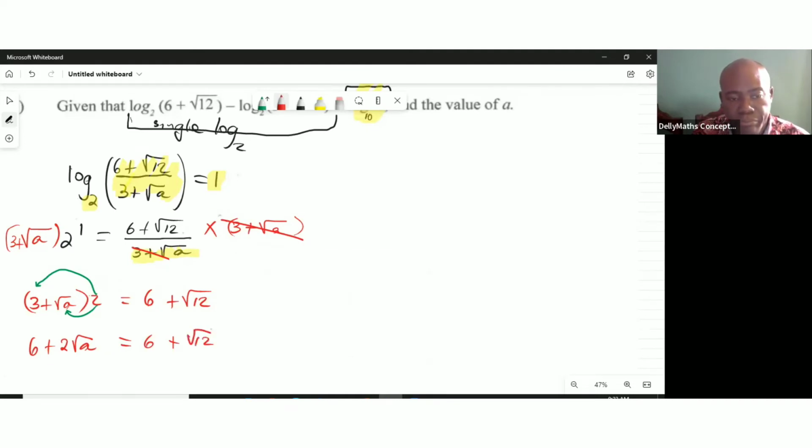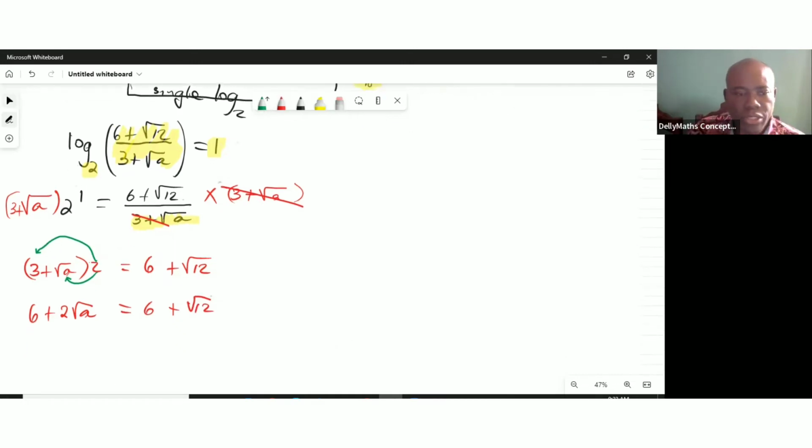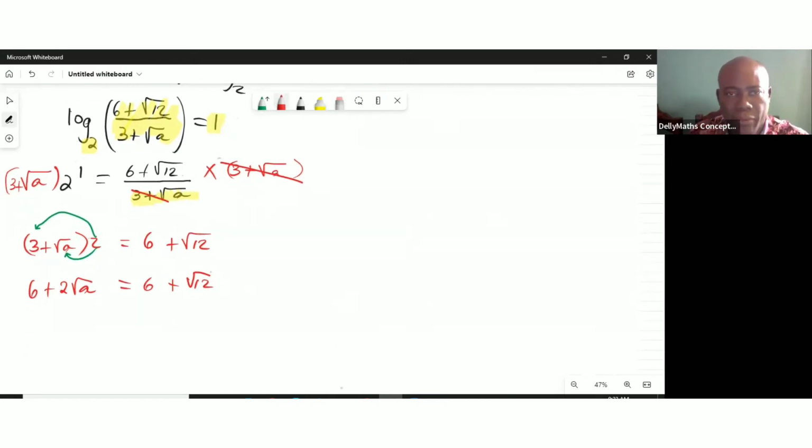What's the root of 12? We're almost there. When we look at this, I'm seeing a common thing here: this is positive 6, this is positive 6. So technically, if we subtract 6 from both sides, we are left with 2 root of a, which is equal to the root of 12.